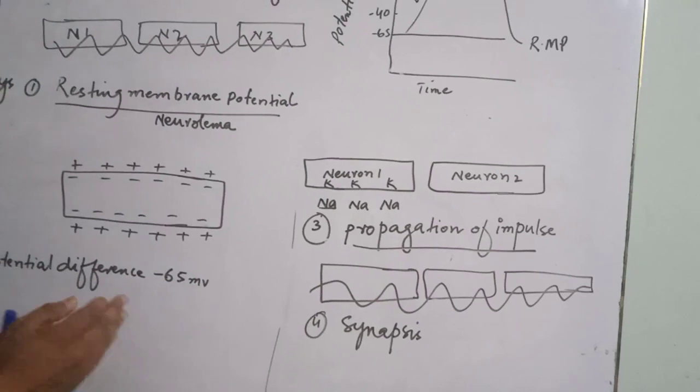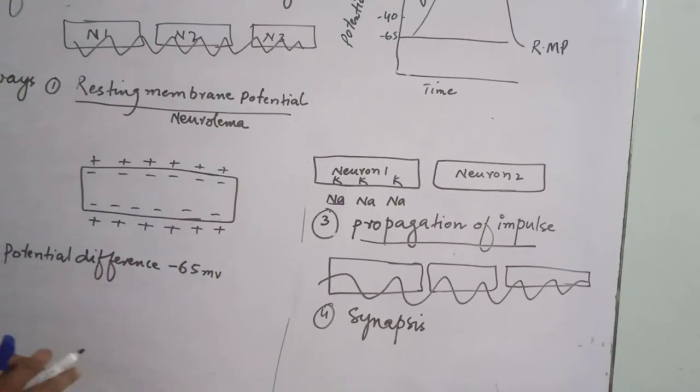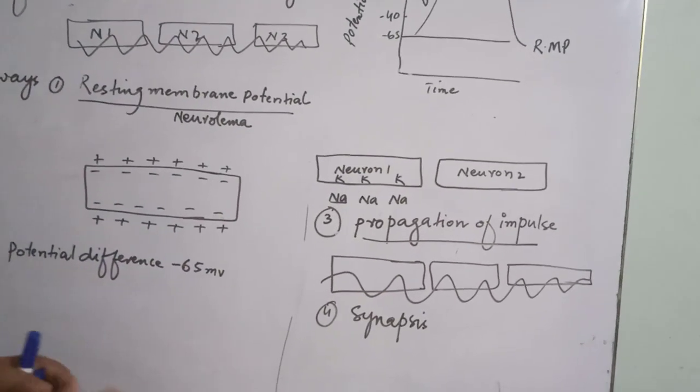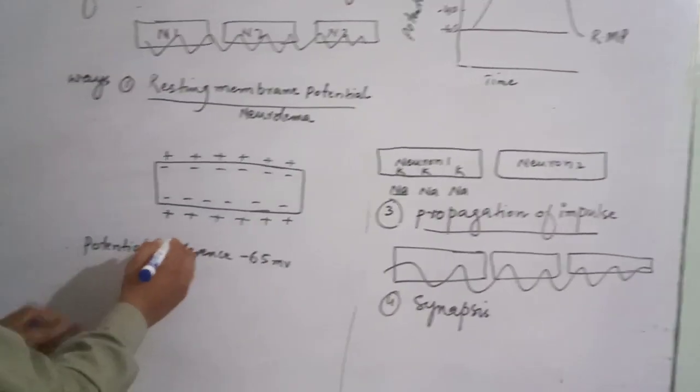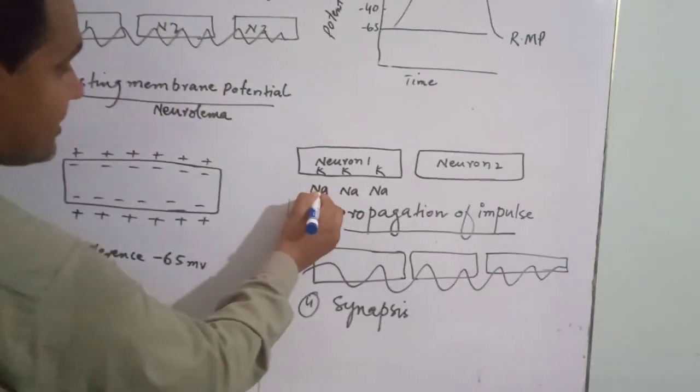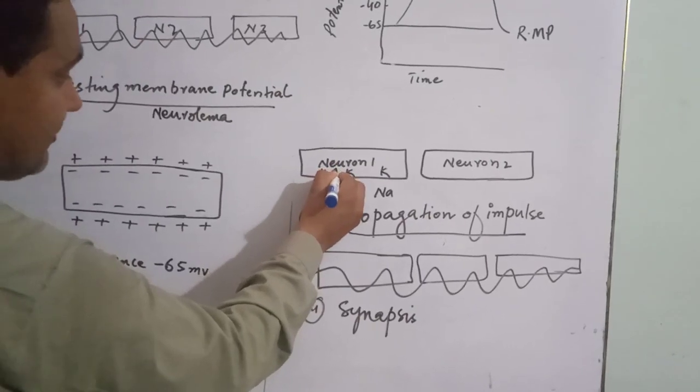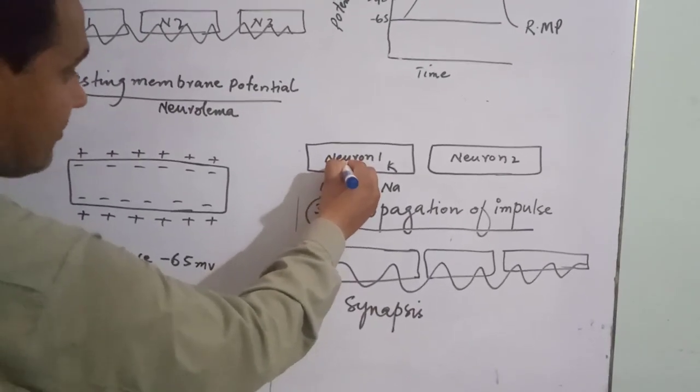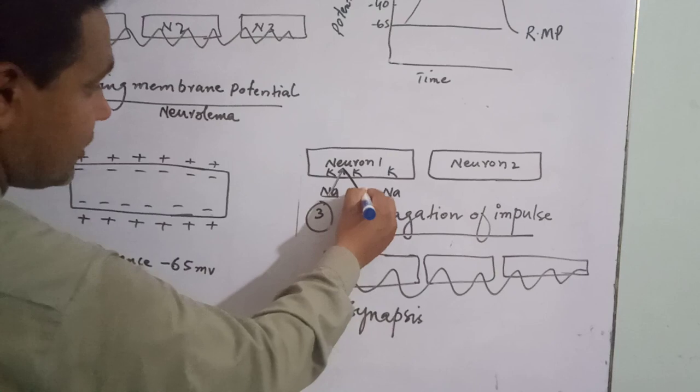During action potential, sodium enters into the neurolemma, and potassium goes out of the neurolemma.